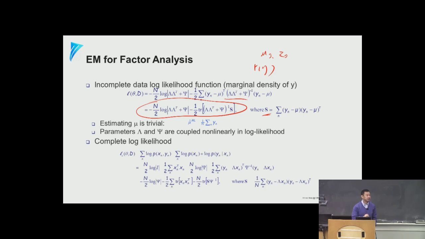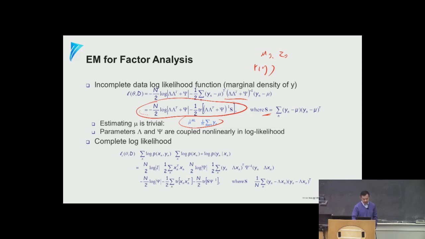How to estimate? You take a derivative of this whole thing with respect to the parameters you want to estimate, lambda or psi or mu. And in fact, you can easily compute the mu already with this.